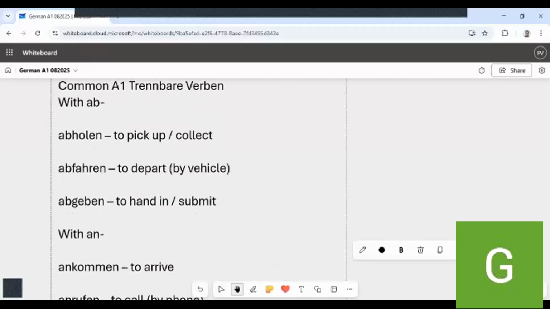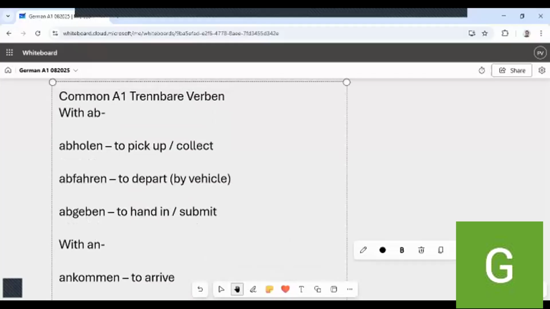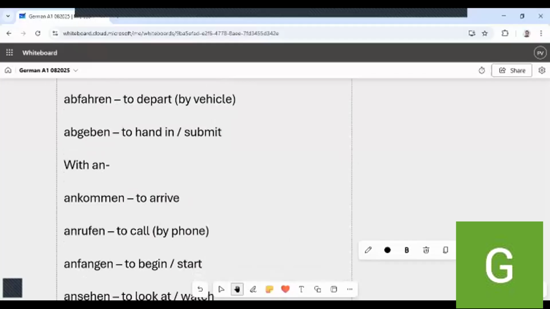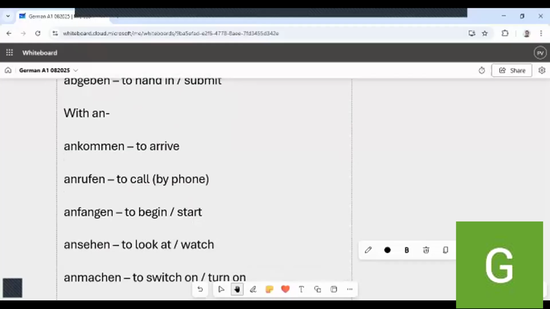Abfahren means to depart. Abgeben means to hand in. If you want to submit something, then you can use abgeben. Also ankommen means to arrive. Anrufen means to call. Anfangen means to begin or start.